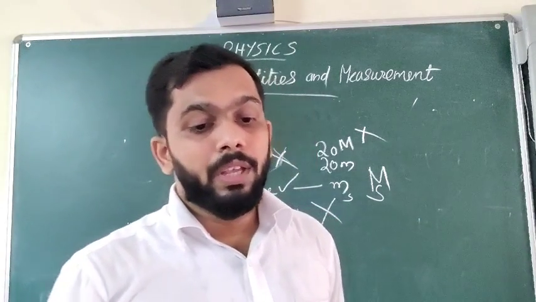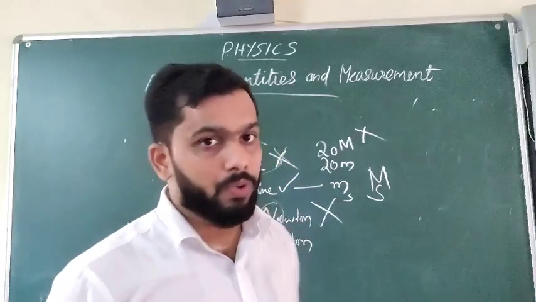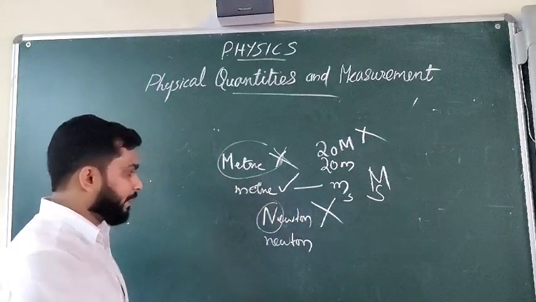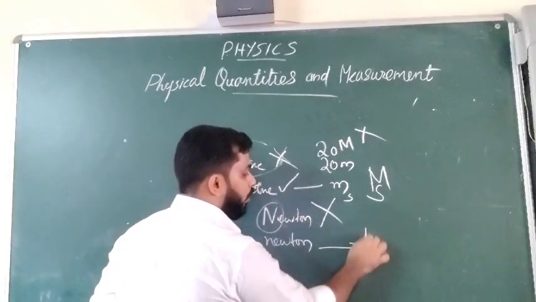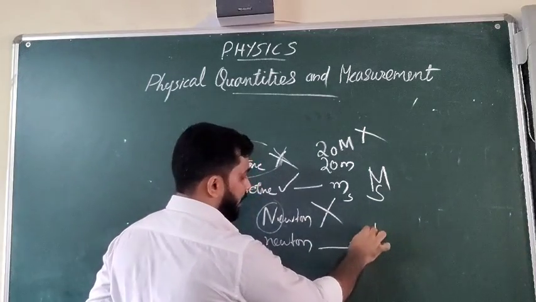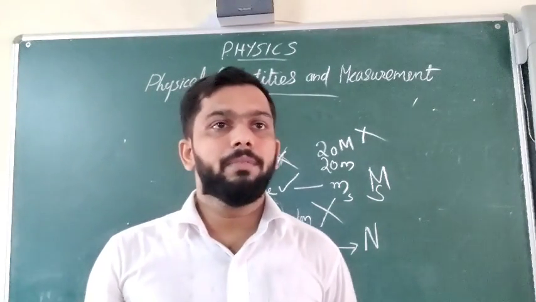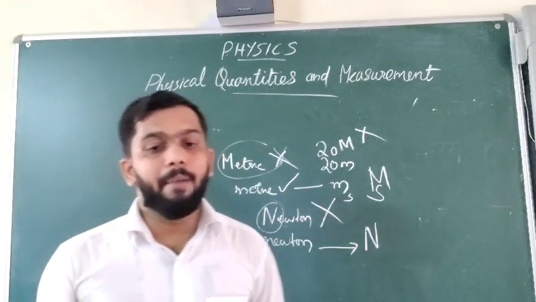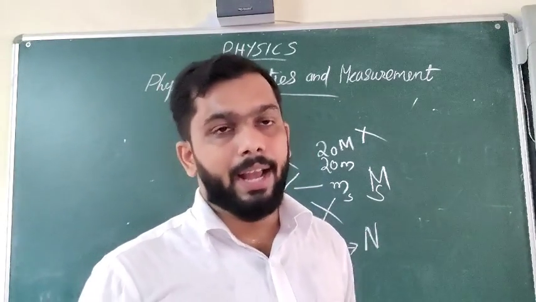Then again, if the symbol of a unit is derived from the name of a person, at that time this will change. The symbol will become a capital letter. For example, the ampere, the SI unit of electric current.